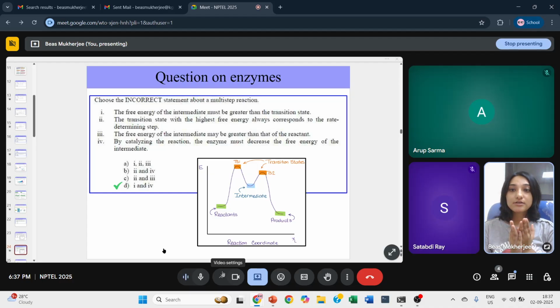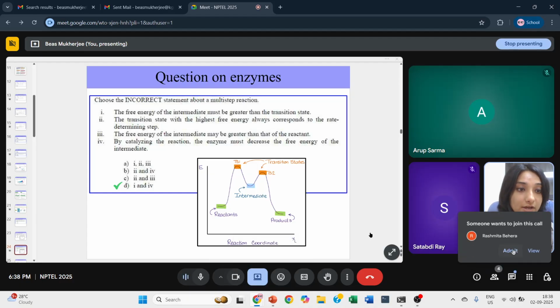Now, the fourth one says, by catalyzing the reaction, the enzyme must decrease the free energy of the intermediate. The enzyme's activity is actually to lower the activation energy. Activation energy is the energy gap between the transition state and the reactant. It does not concern the intermediate.